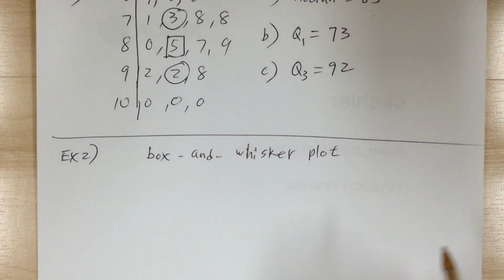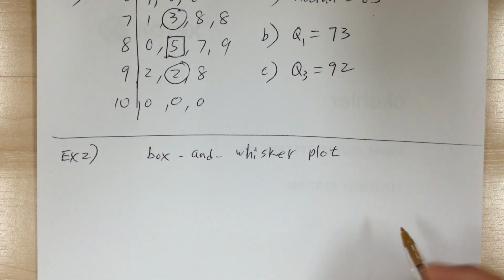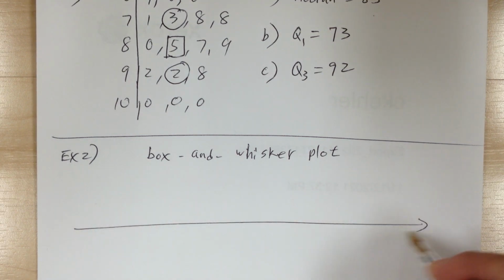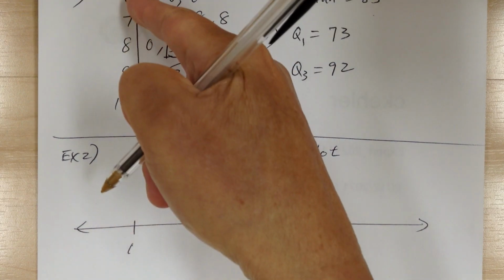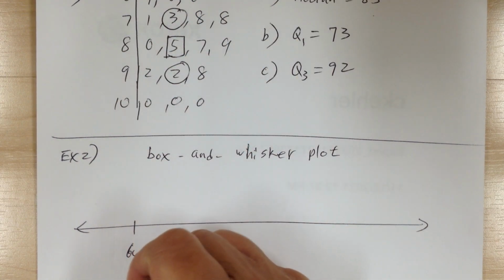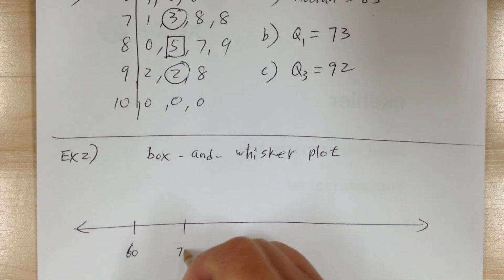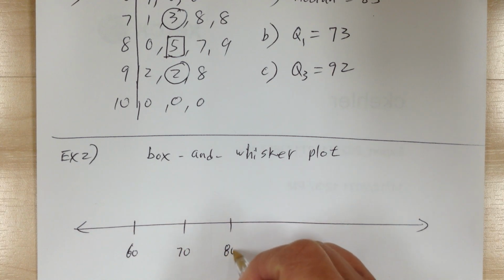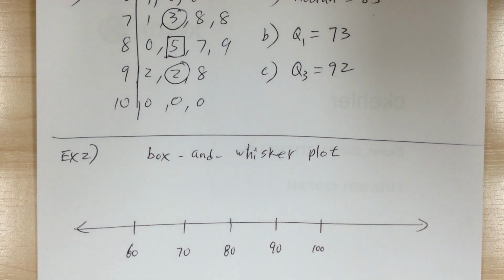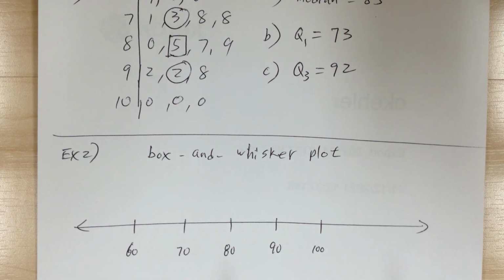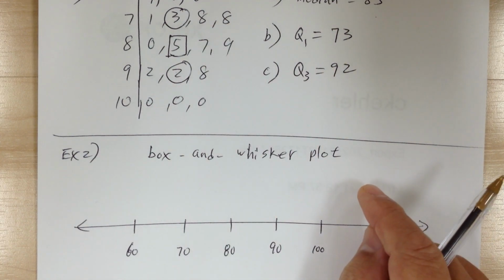So how does this work? You have the number line, and you're going from 60 to 100. So you go 60, 70, 80, 90, and 100. So what you want to do is plot these points.